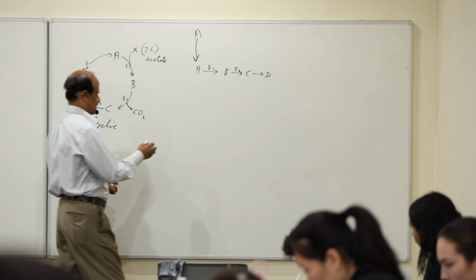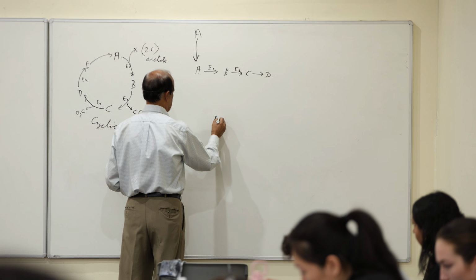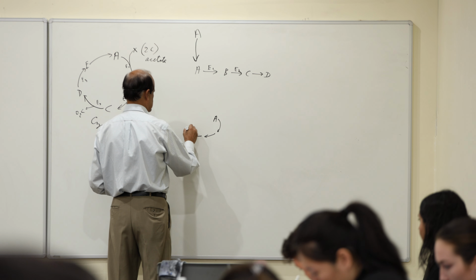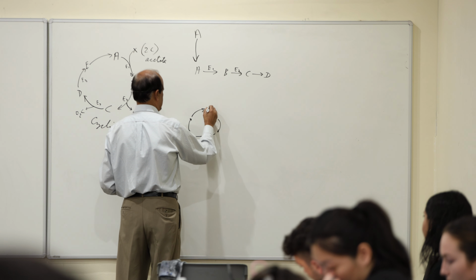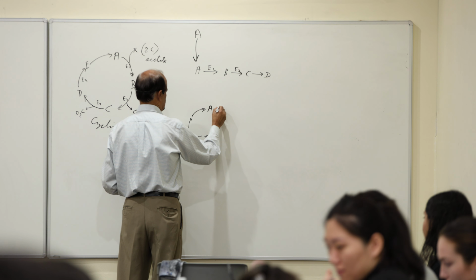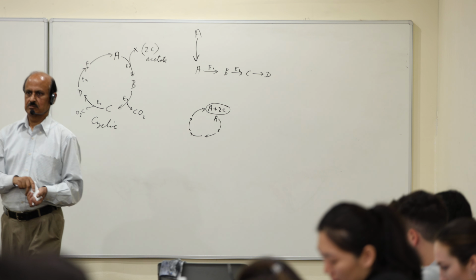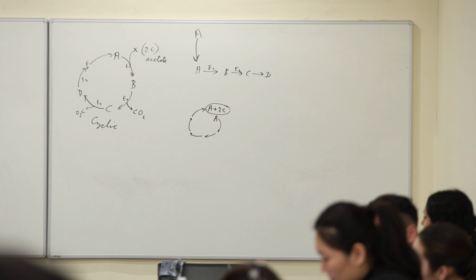In a spiral pathway, you start with the compound A, and then it will go through a series of reactions and convert A plus, let's say, 2 carbons. So you get a new compound which is longer than A by 2 carbons or 3 carbons or whatever.